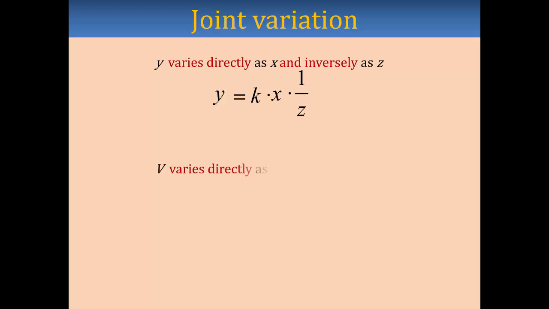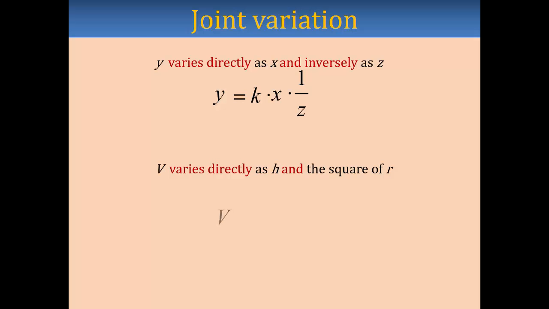Now that's the general guide. The last one is when we might have several, two or more, combined in the same thing. For example, if Y varies directly as X and inversely as Z, we start with Y varies equals K, directly as X means just times X, but inversely as Z means 1 over Z. Now we could write that as Y equals KX over Z. Here's another one.